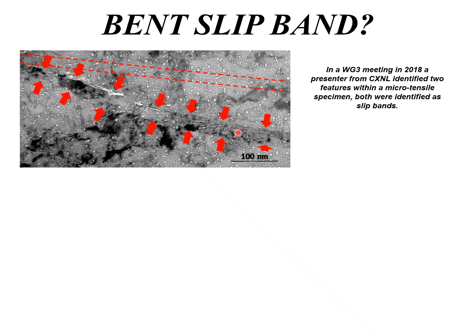Anyway, there are many other possibilities that clearly were not explored before making the conclusion that it was punched out loops. In this particular case, same deal. The initial conclusion was that this is a slip band. Oh, and it was. And the cracking occurred because you have this bulk shear.